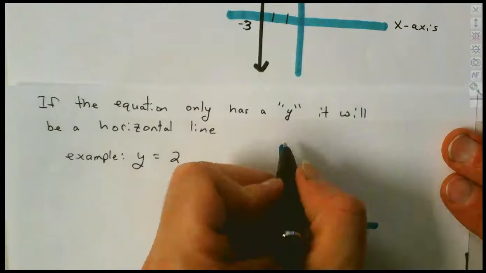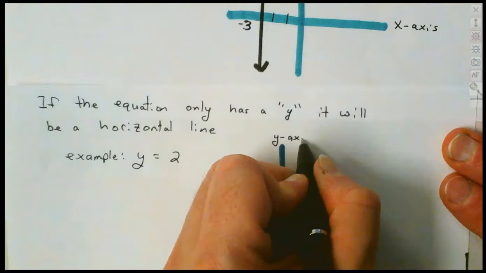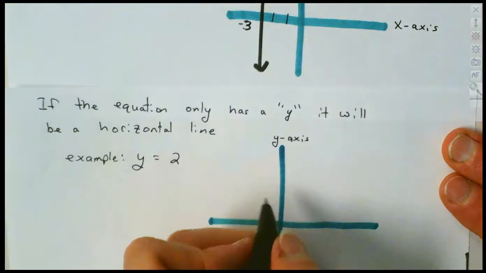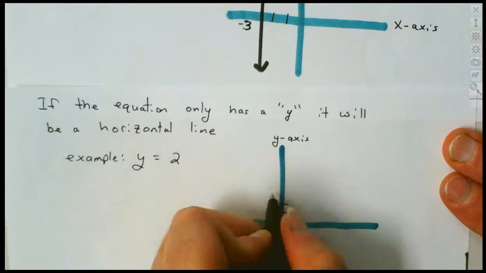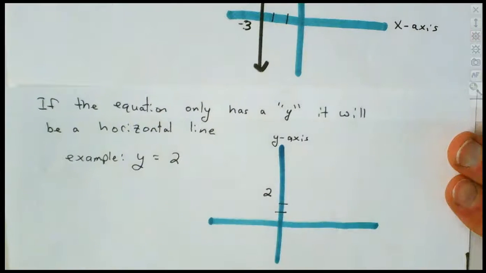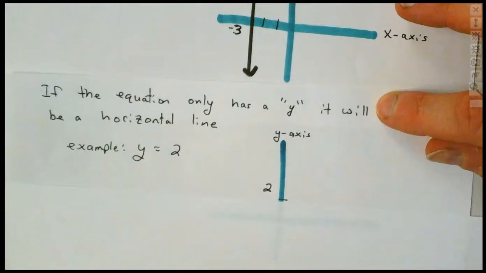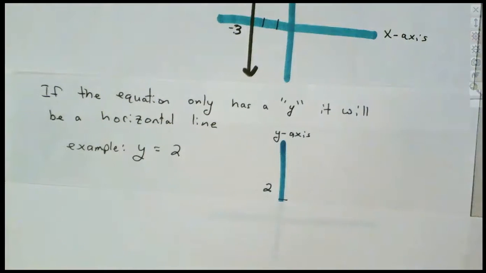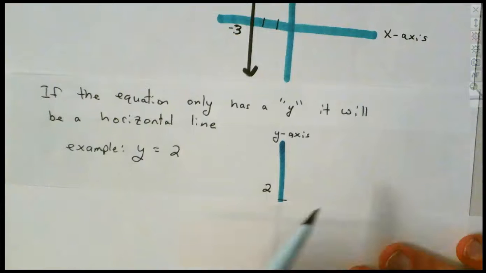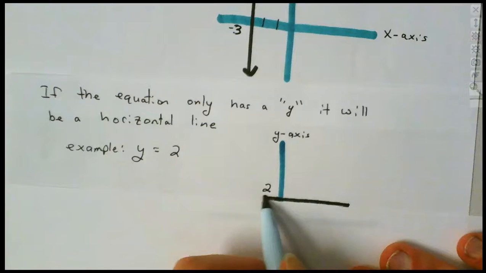And remember, this is our y-axis. We want y equals 2, so that's here on the y-axis. We can now connect it with a line. It's going to be a horizontal line. So if we wanted to graph y equals 2, then it would look like this.